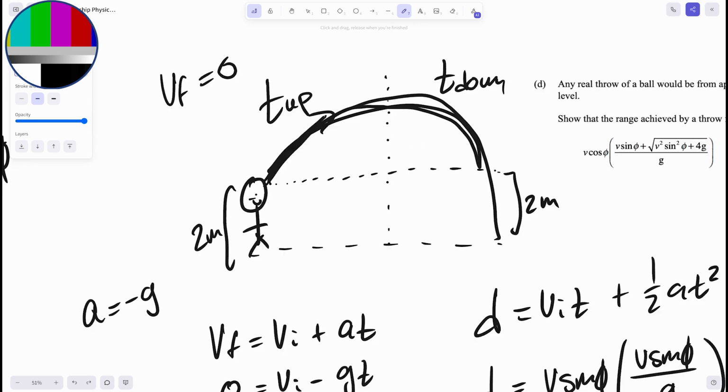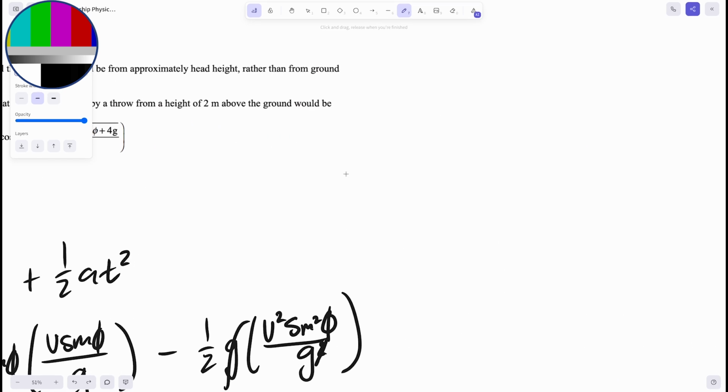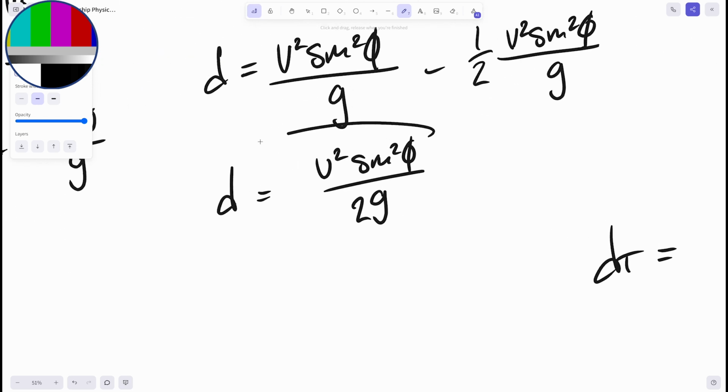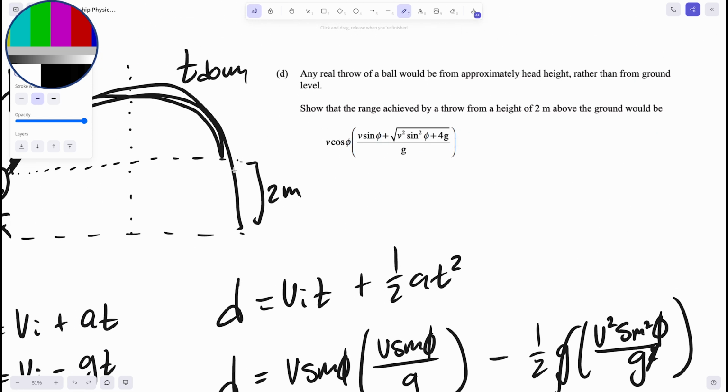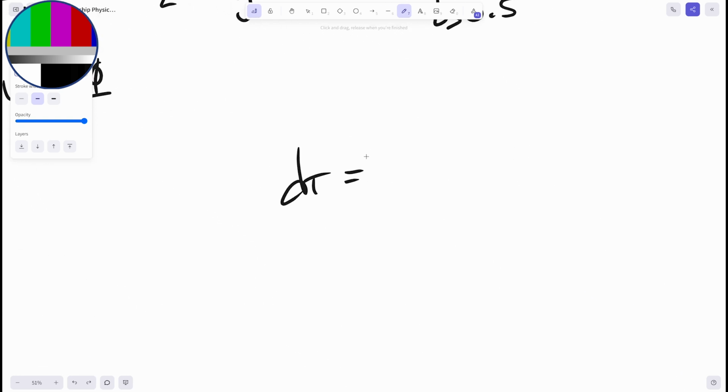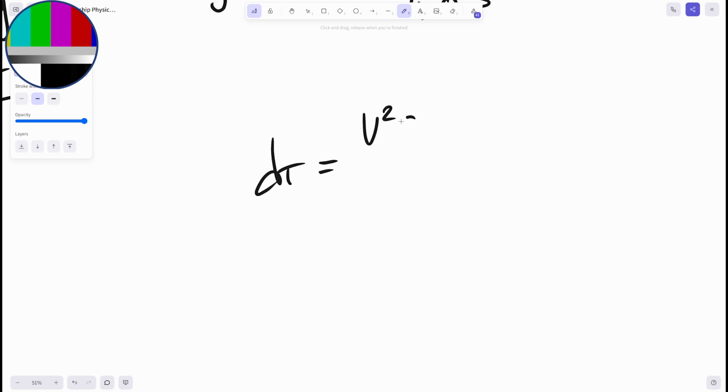There we go. Now again, that is this distance traveled right here. So our total distance is going to equal this distance right here, plus our 2 meters at the end. So that is going to be v squared sine squared phi all over 2g plus 2.